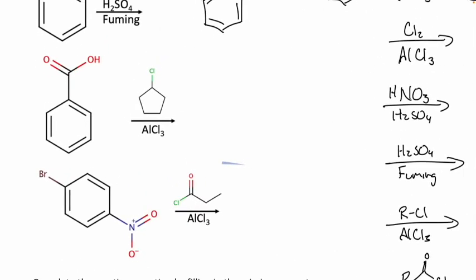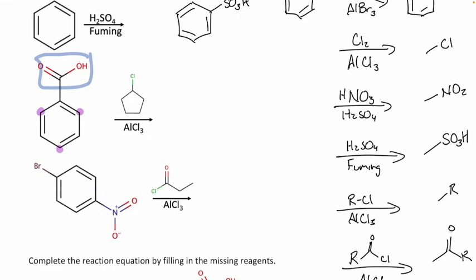Now when we look at this one, this benzene ring already has something on it. This particular group, the thing that's already on the ring, is going to direct the incoming substituent to either the ortho or para site, or to the meta site on that ring.